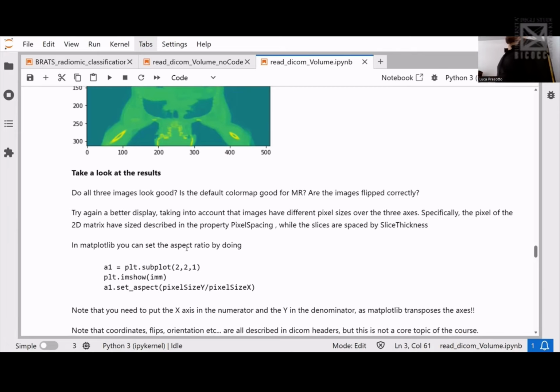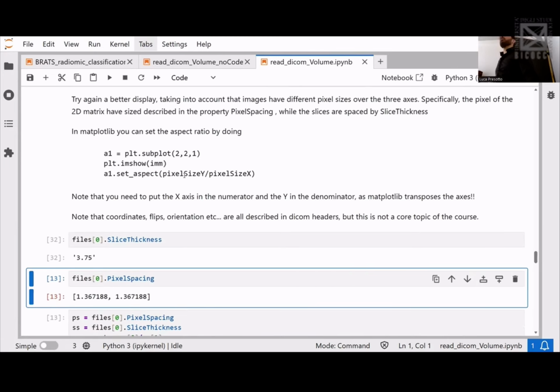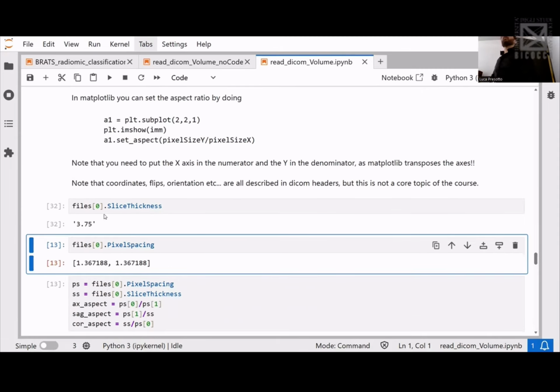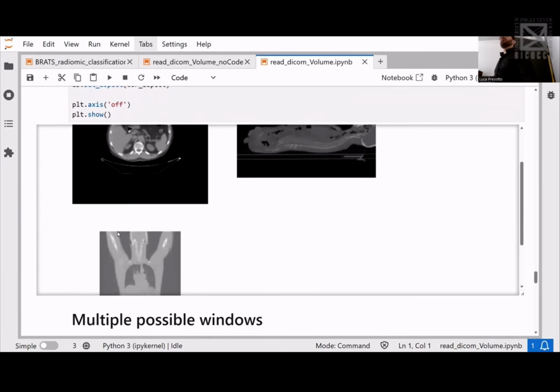So you can set the aspect ratio in PyPlot, and you can get the correct ratio by reading the headers. That's the way that PyPlot wants it, because it puts the first dimension on the y-axis, if I'm not mistaken, and vice versa. Here you can do slice thickness 3.75, pixel spacing 1.36. You compute the ratios there, and if you plot them, they make more sense.